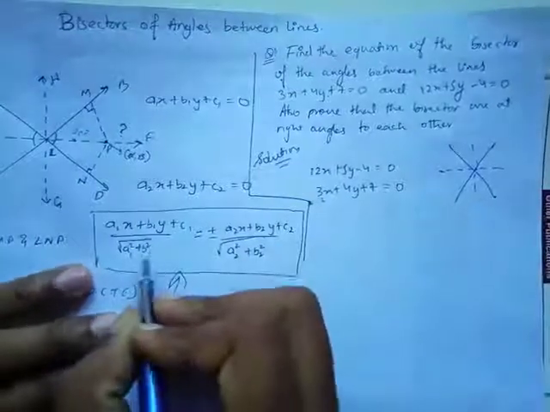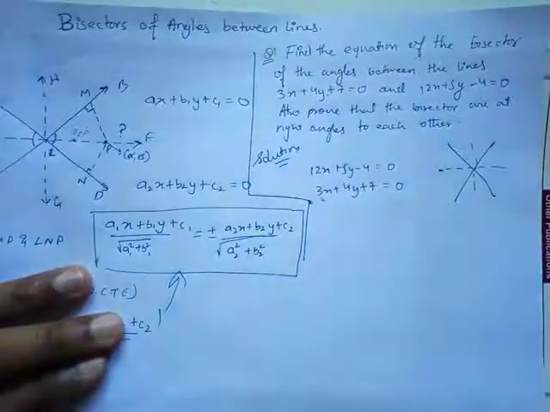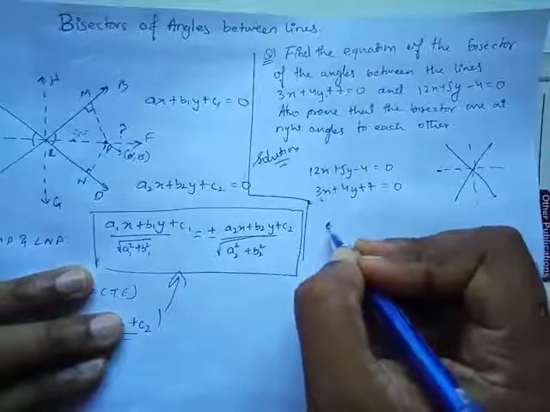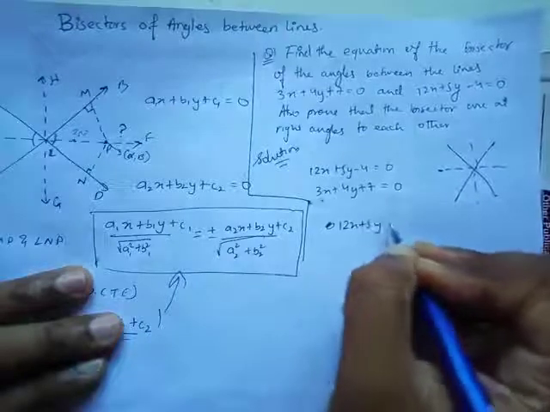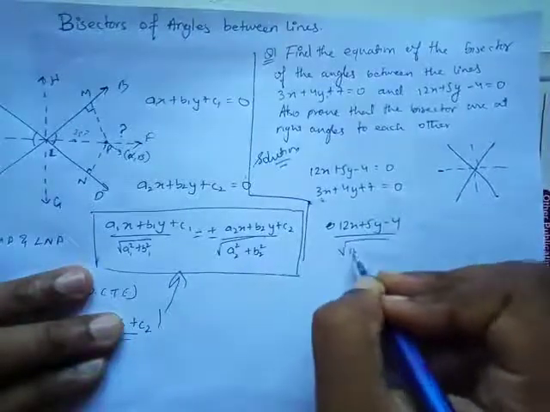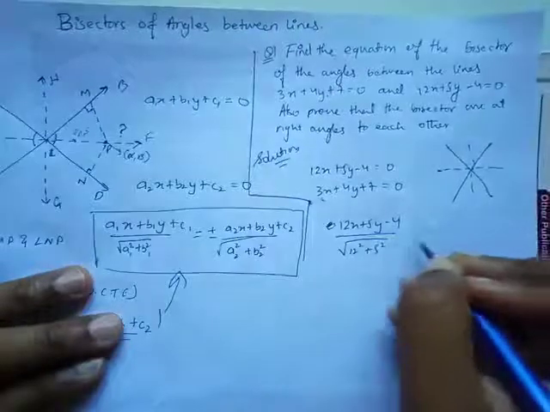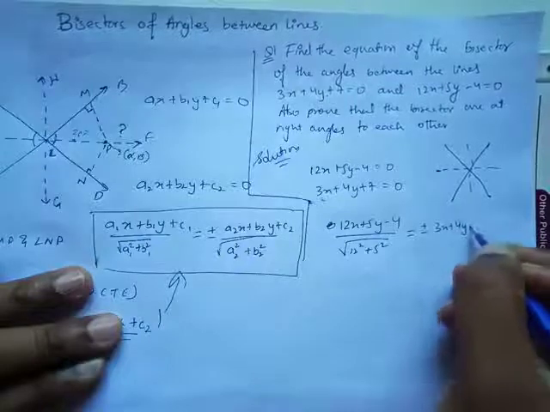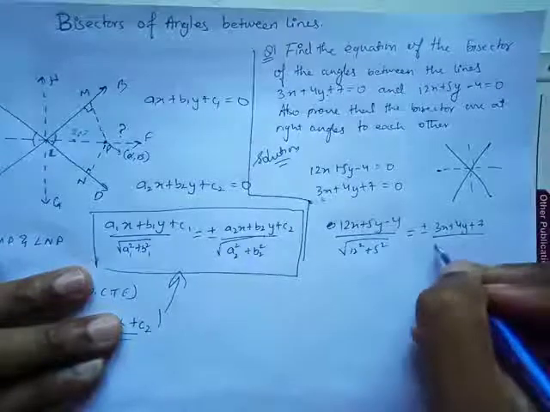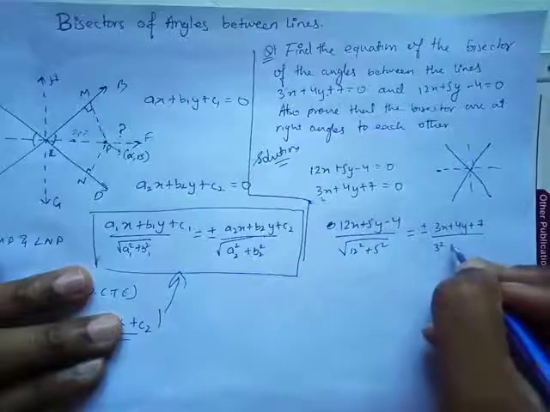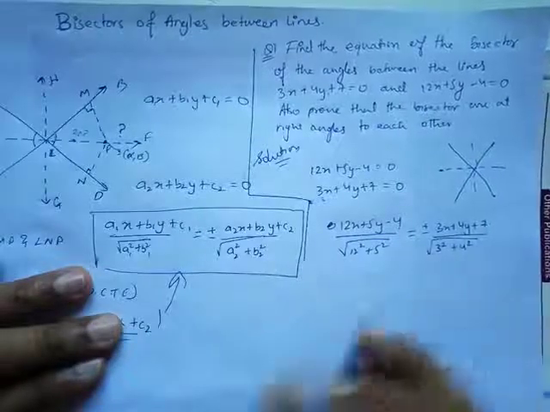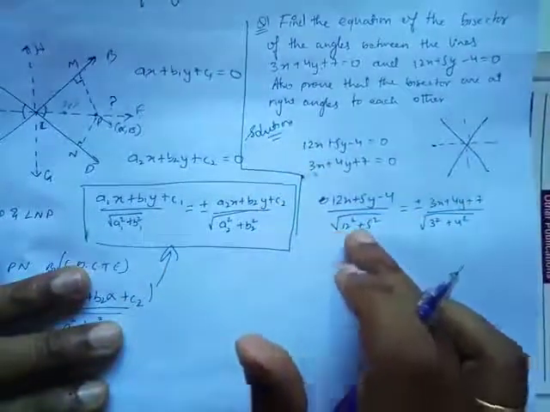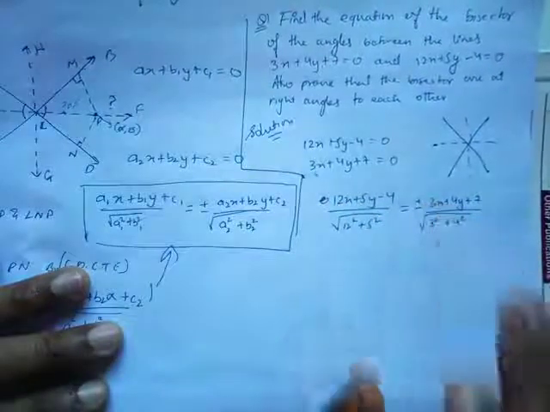Now I know the formula, so I'm going to put the formula in the solution part and then put in the values. How? (12x plus 5y minus 4) over the square root of 12 squared plus 5 squared equals plus minus (3x plus 4y plus 7) over the square root of 3 squared plus 4 squared. So I wrote the first equation, the second equation, and square root of a squared plus b squared, this a and this b. Simple.